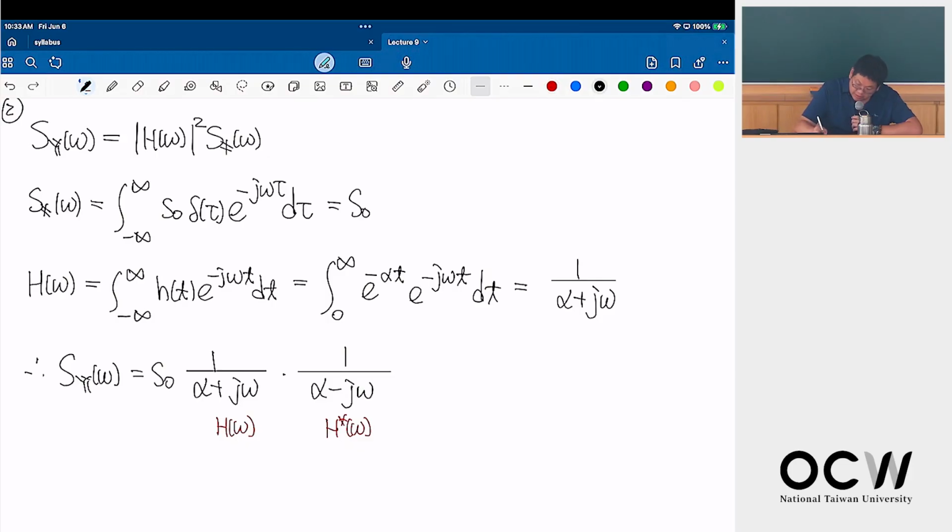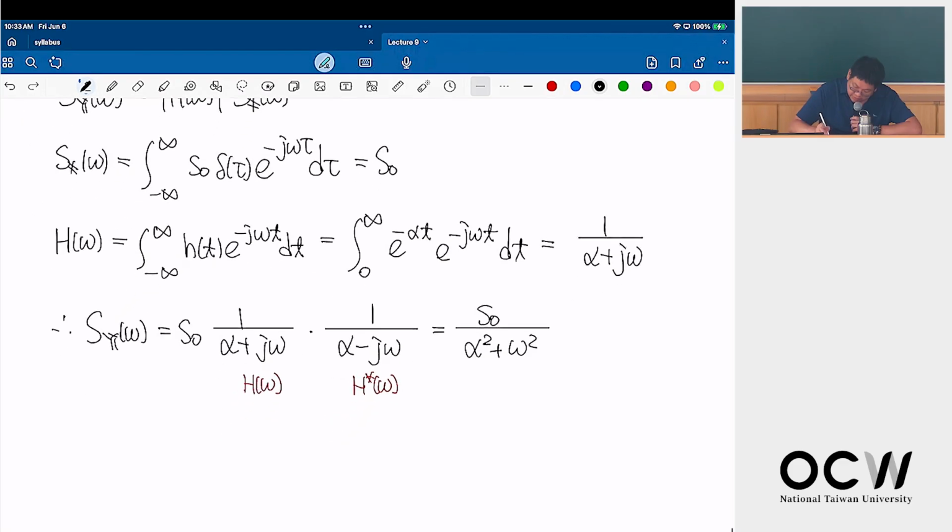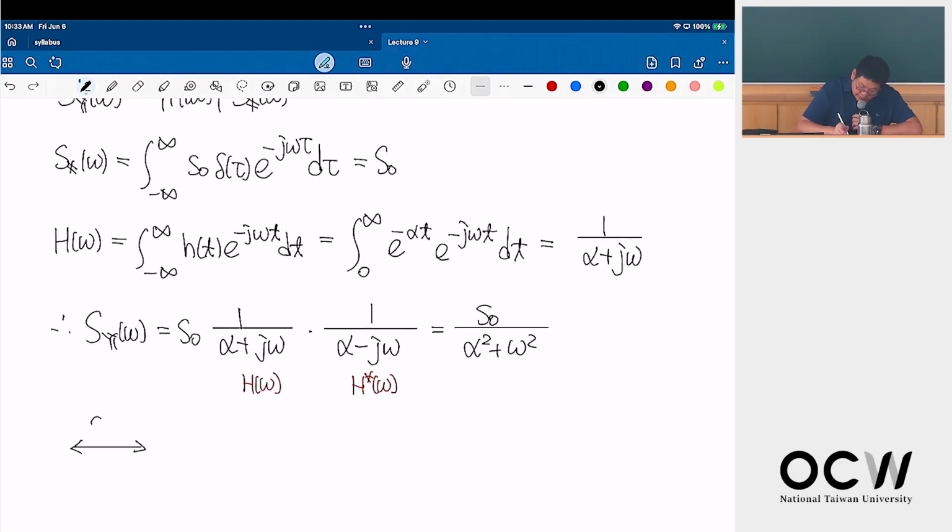So you have S naught over alpha square plus omega square. And then you can check the Fourier transform table. Then we have the autocorrelation of Y. That's S naught divided by 2 alpha, e to the minus alpha, absolute value of tau.